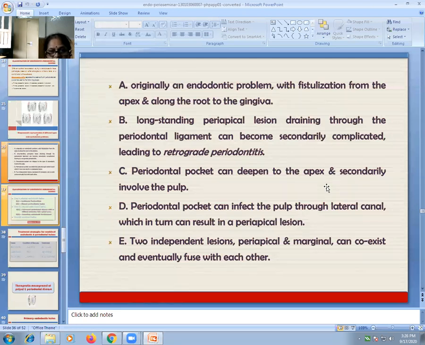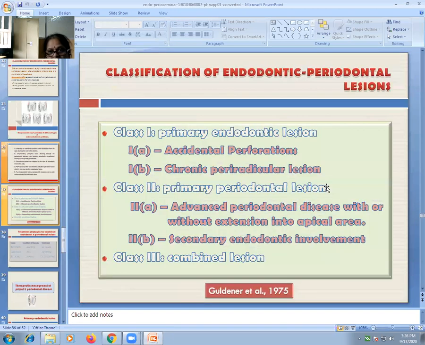Fistula formation is very common when there is an endodontic problem which gets involved to the periodontium. The periodontal pocket gets deepened at the apex area, and then there is secondary involvement of the pulp and formation of independent lesions at the periapical or marginal area. Okay, this is the second classification.